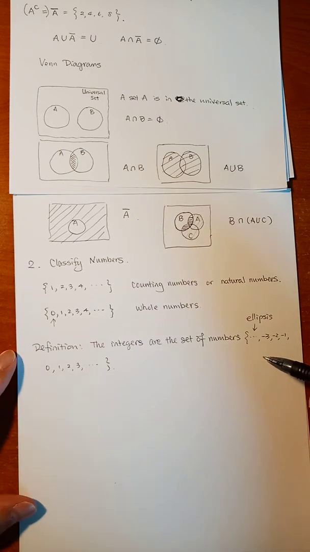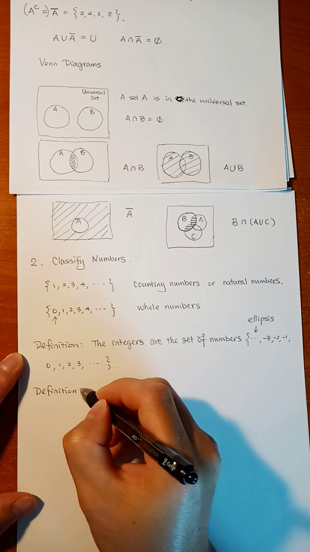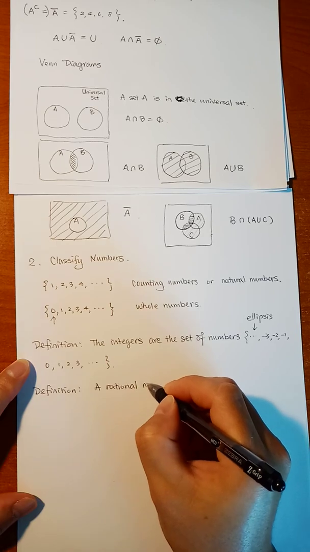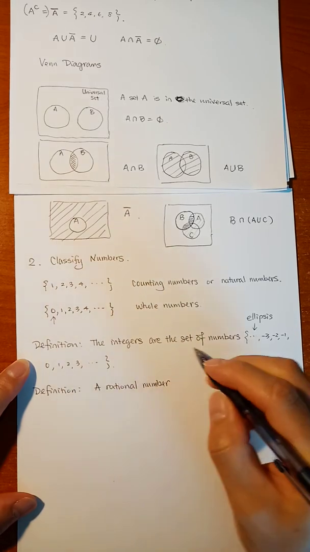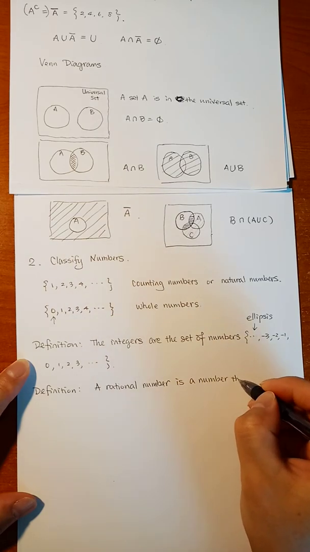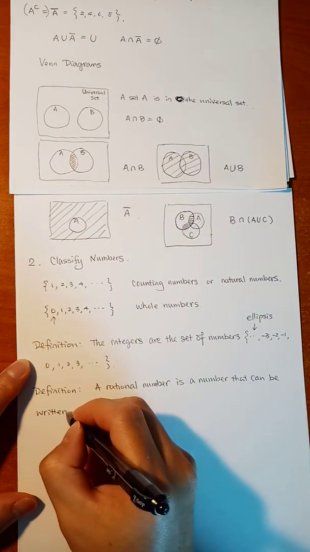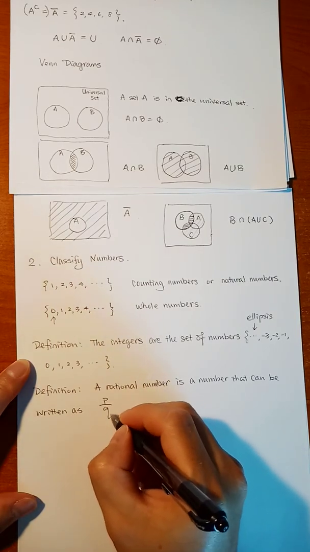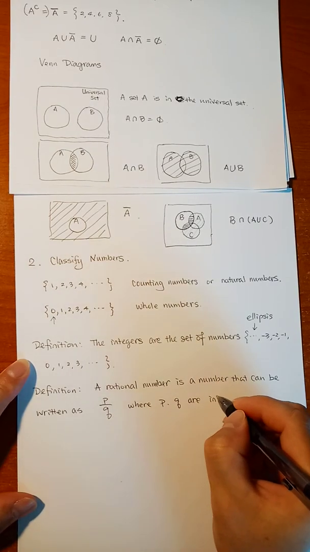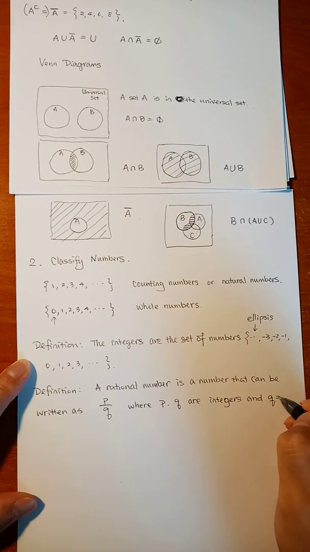After integers, we learn the rational numbers. A rational number is a number that can be written as P over Q, where P and Q are integers and Q is not equal to 0.